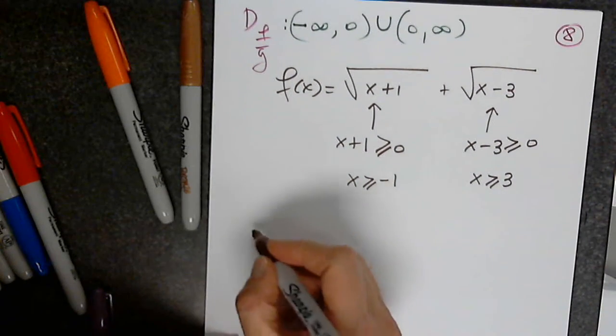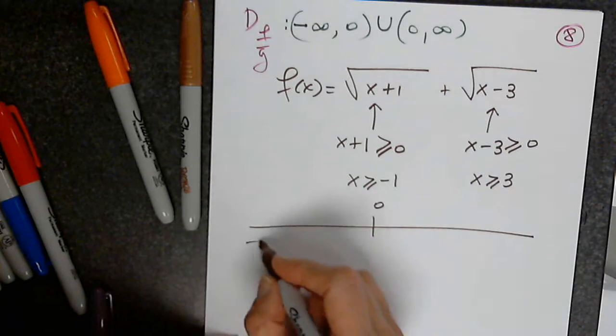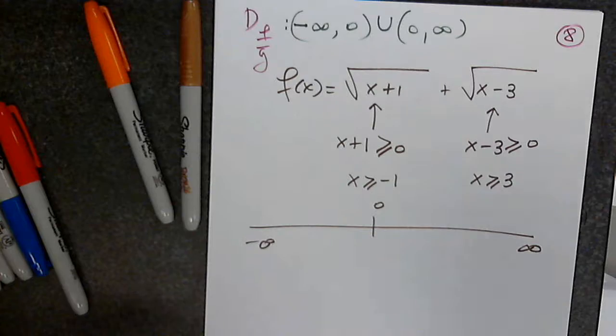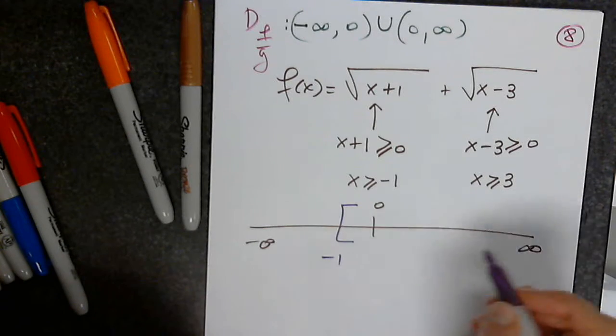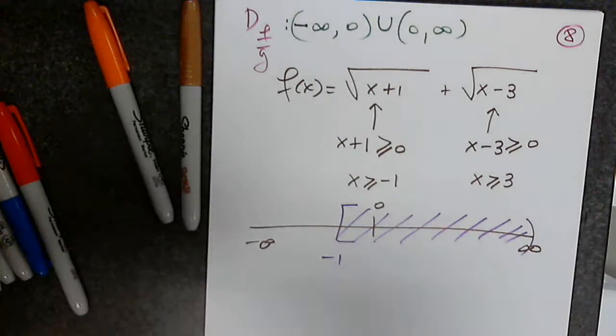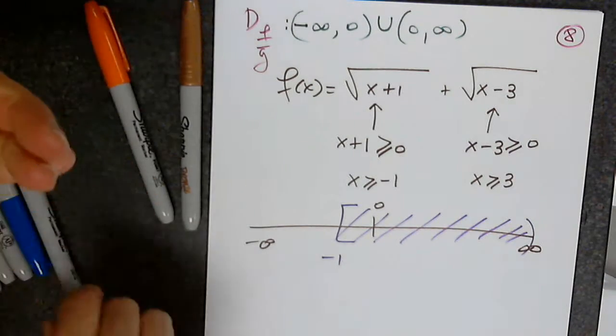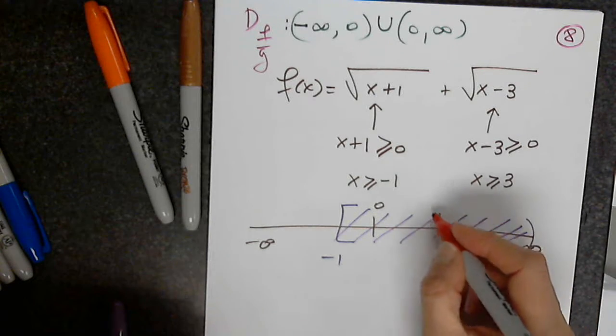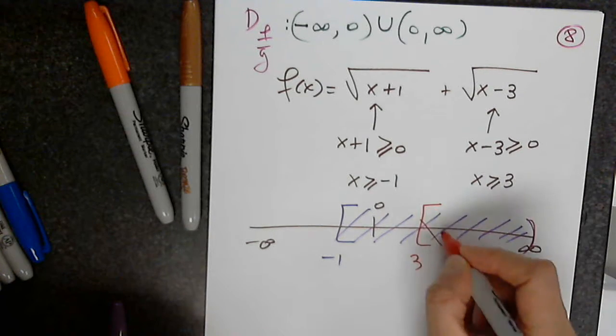And now I will look at the real line, graph the first one, -1 to infinity. You know I don't care for units. I just need this to help me find the domain, the common domain. And this one is 3 to infinity.